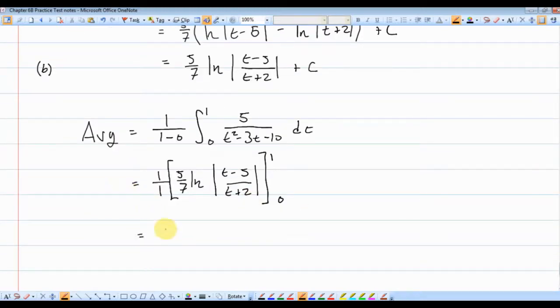And that's equal to 5/7 the natural log of 1 minus 5 over 1 plus 2, minus the natural log of 0 minus 5 over 0 plus 2.